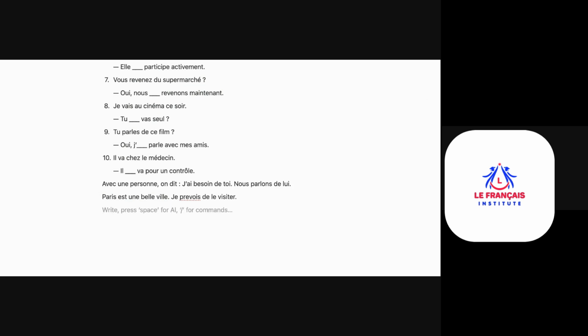Now, making a sentence. Okay, simple sentence. Okay, very simple sentence. Je vais à la bibliothèque.